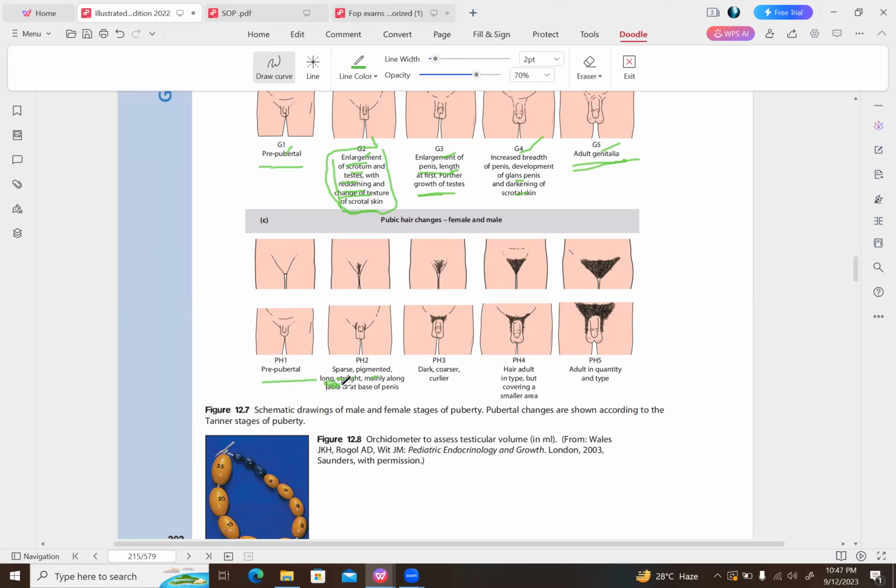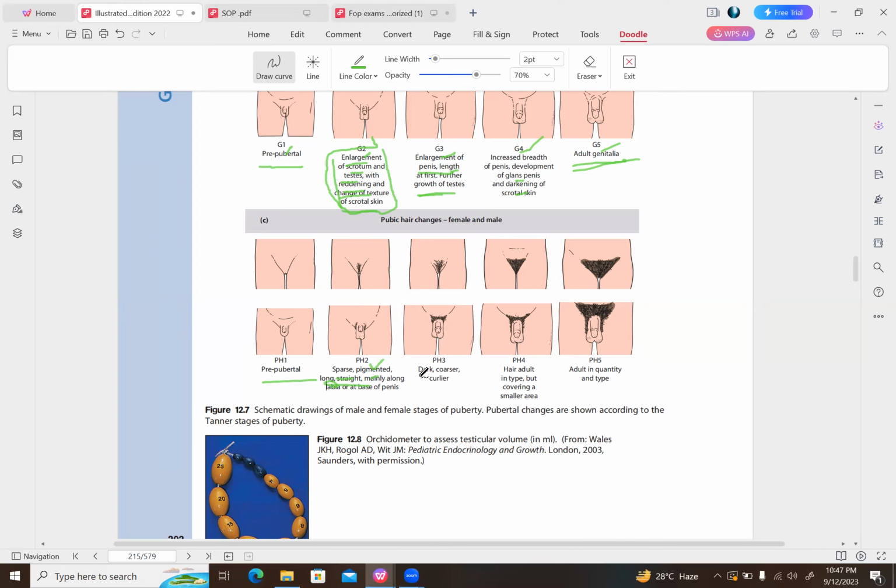They are long, straight, mainly along the labia or the base of the penis. This is the labia or the base of the penis. There is a straight, small pigmented hairs, which is the PH2, pubic hair, stage 2.